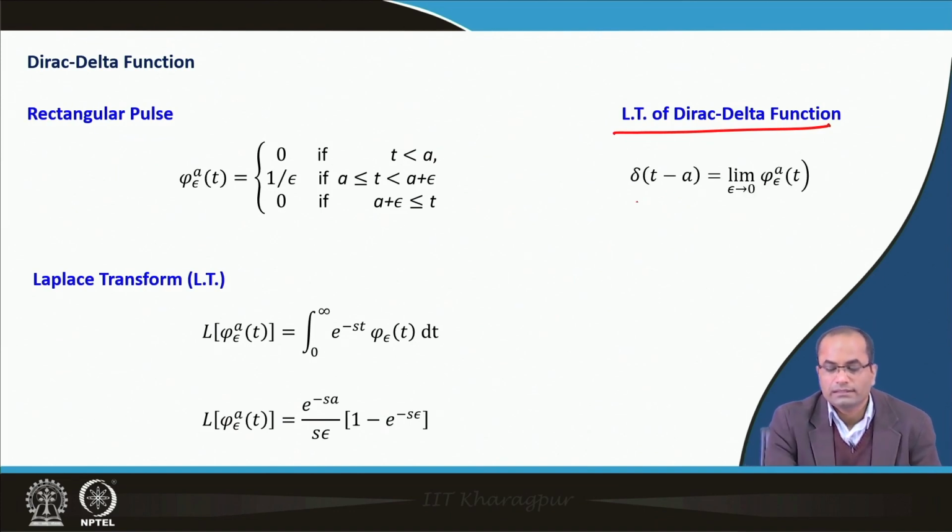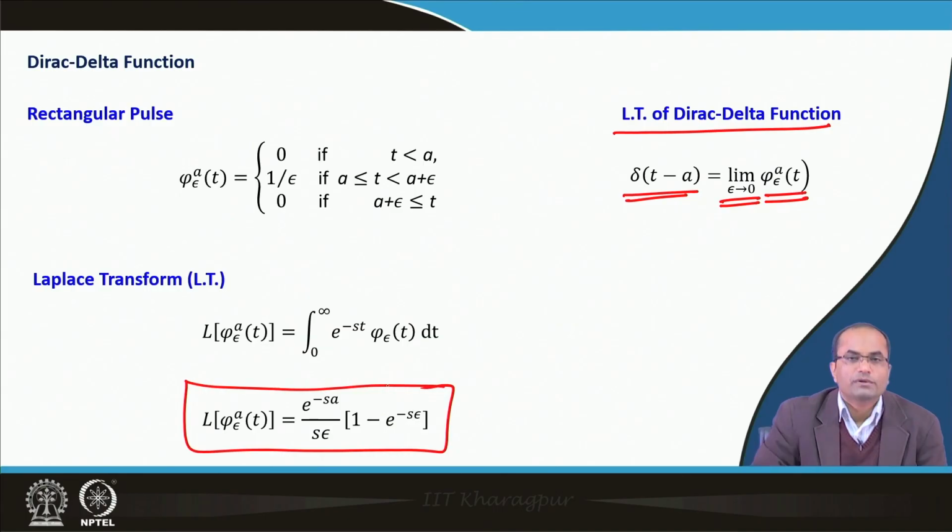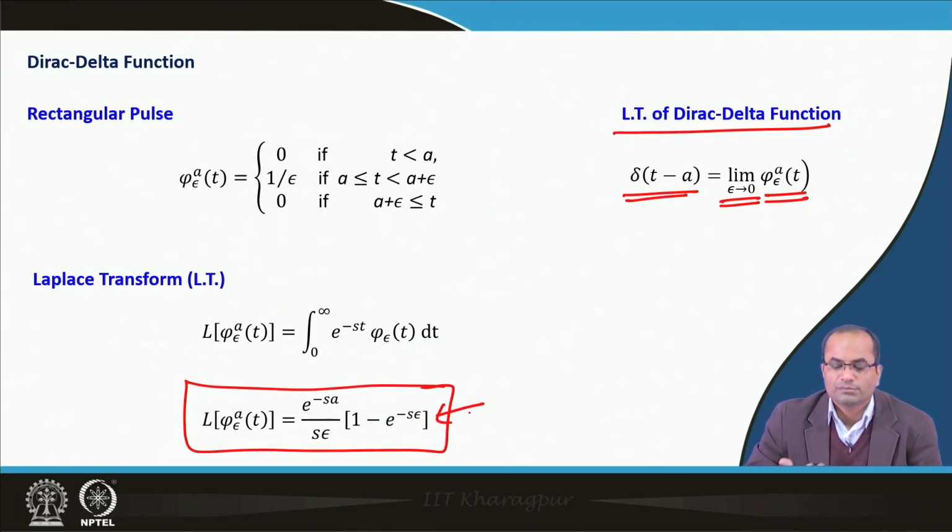That means, delta t minus a can be defined as the limit epsilon goes to 0 of phi epsilon a t. We already know the Laplace transform of this rectangular pulse function. The only thing we have to deal with now is what happens when epsilon tends to 0, because that is precisely the Dirac delta function.